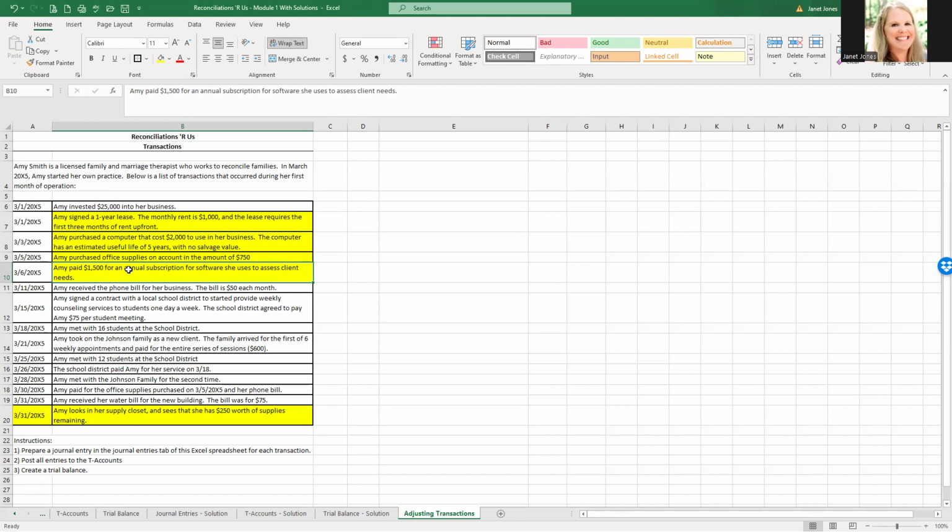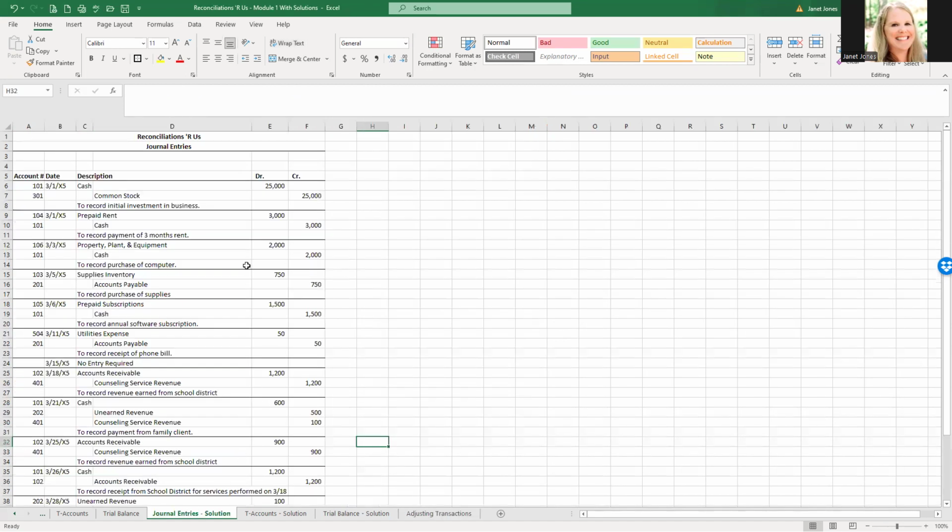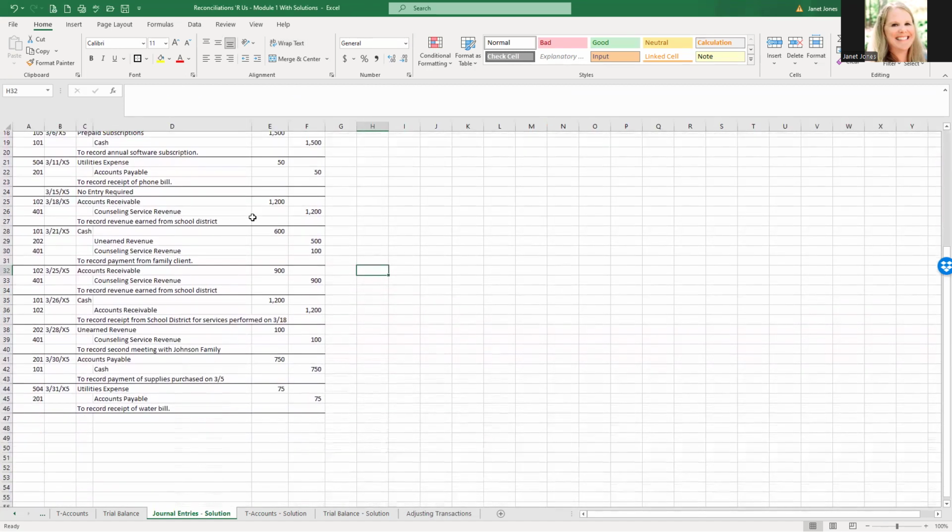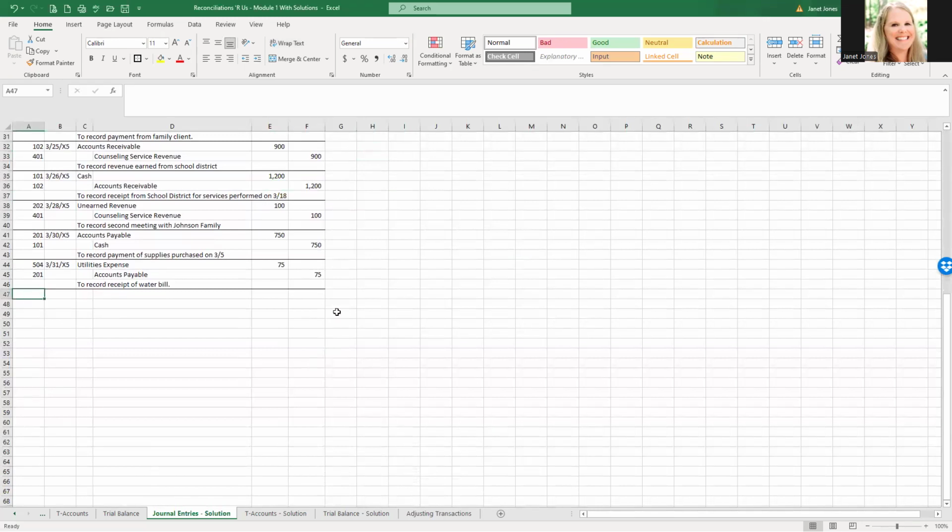So we would have to reflect that as well. We have a number of these that we are going to reflect in our journal entries. So I'm going to go over to my journal entry tab. You should have already completed all of these journal entries. Now I'm just going to go down to the bottom and we're going to do our adjusting entries.